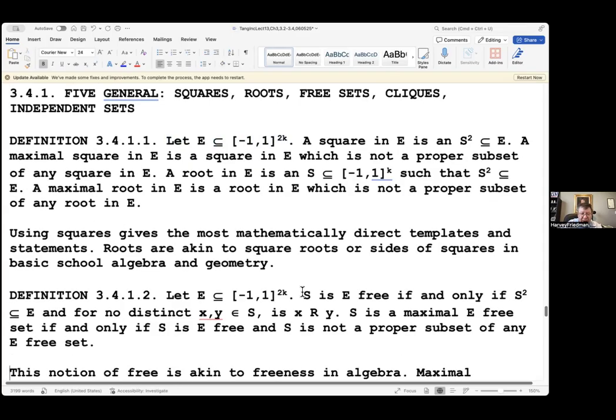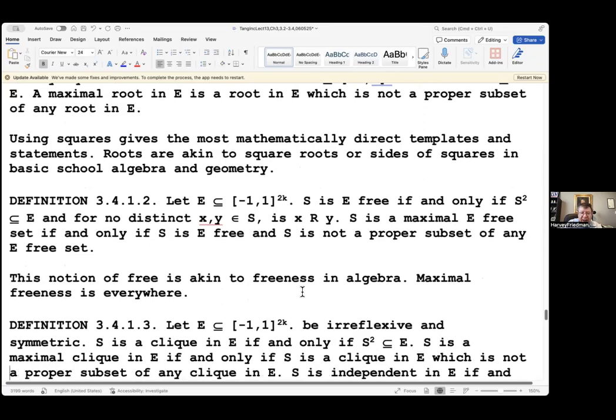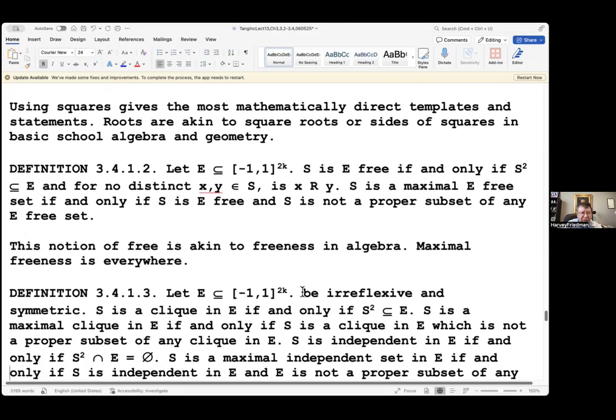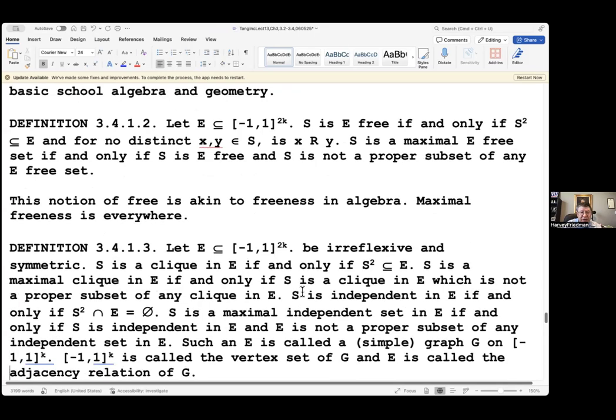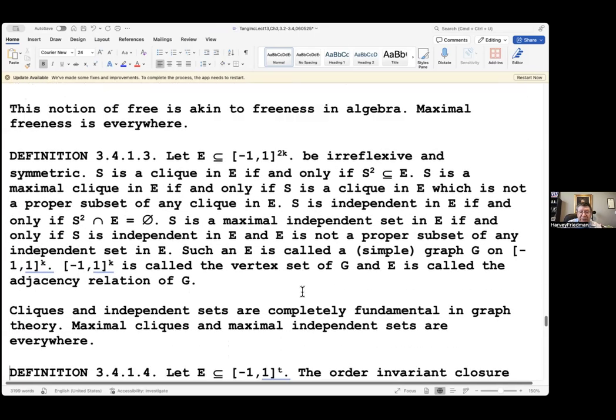Now, S is said to be E free if and only if S squared is contained in E, and for no distinct X and Y is X or Y. A maximal free set means it's free and not a proper subset of any free set. This notion of free is akin to freeness in algebra. Maximal freeness, of course, everywhere.